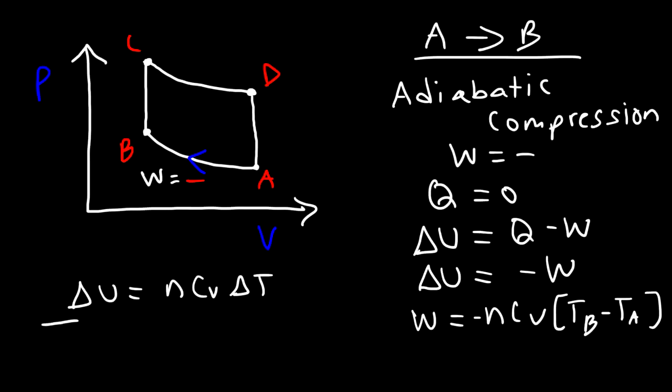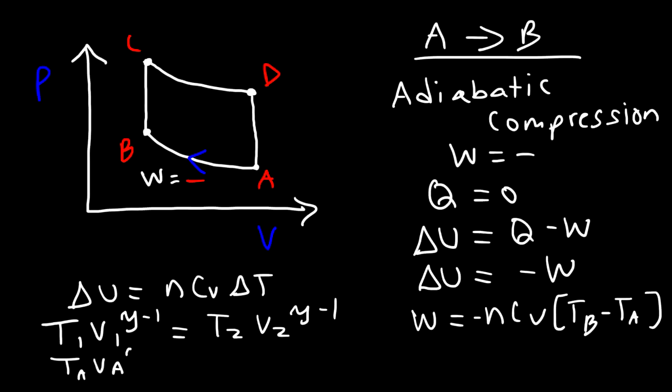Now, for an adiabatic process, we have this formula: T1 V1 raised to the gamma ratio minus 1 is equal to T2 V2 raised to the gamma ratio minus 1. Now, we're going from A to B, so T1 could be called TA, V1 is VA. And that's a terrible gamma symbol.